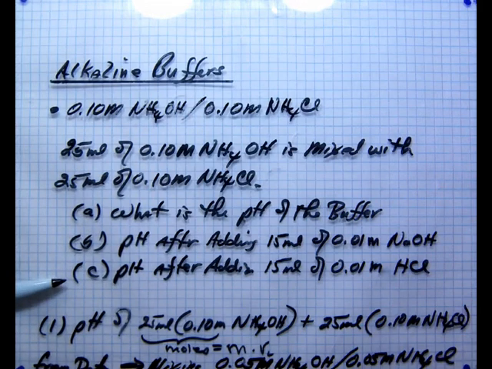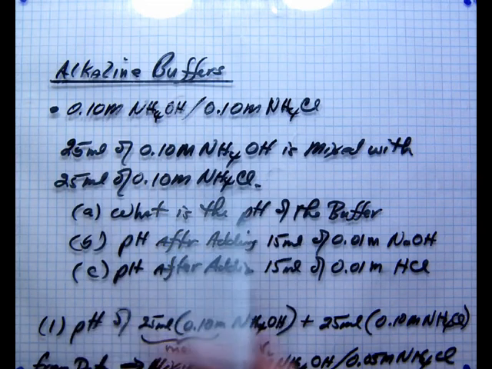I'm going to leave that one for you to do. Okay? Go through, see if you can calculate it. Which direction would you expect the pH to shift? It's going to go down. Should be below the buffered 9.25.